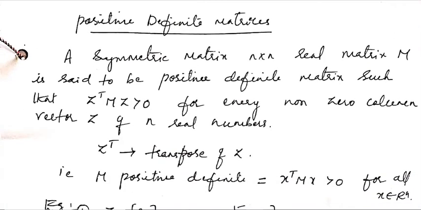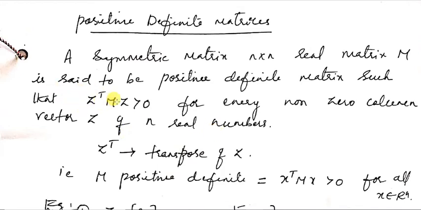Positive definite matrix. So what do you mean by positive definite matrix? A real symmetric matrix M of order n cross n is said to be a positive definite matrix such that Z transpose MZ is greater than 0 for every non-zero column vector Z of n real numbers.